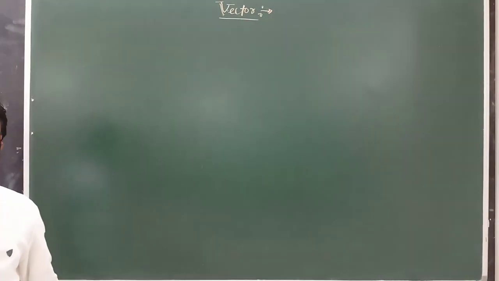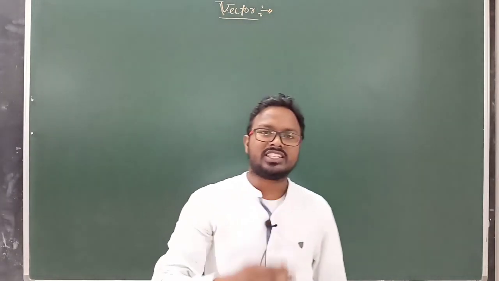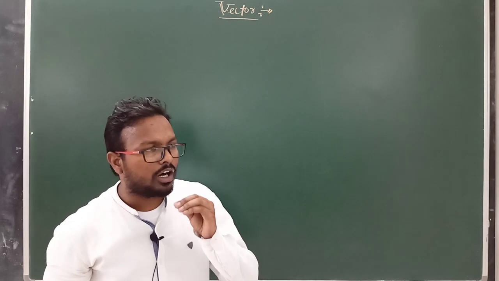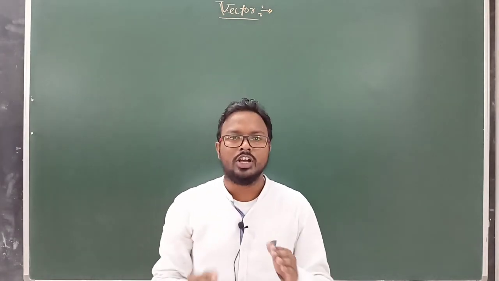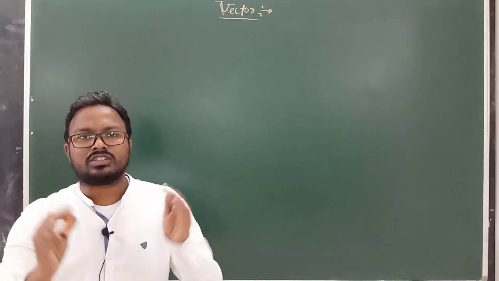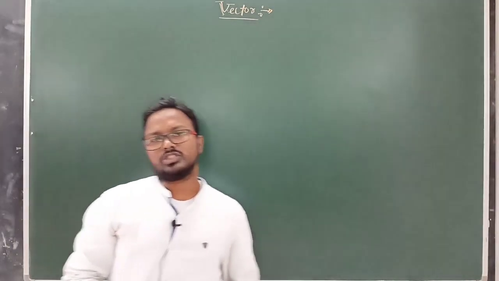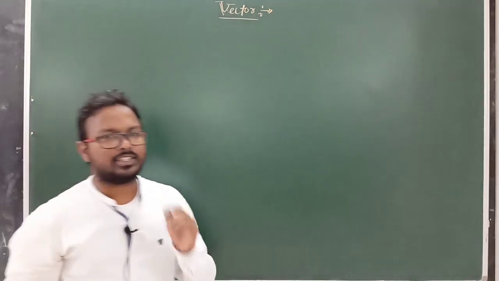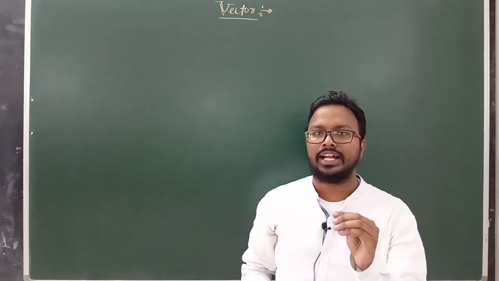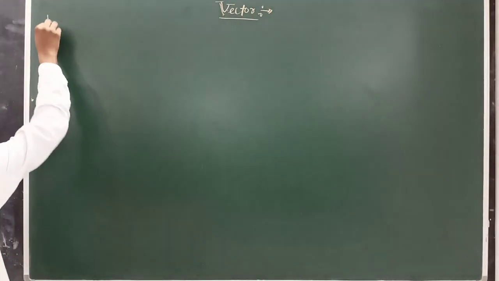But when the number of vectors is more than two, which possess both magnitude and direction, and the directions are arbitrary, you can say different, the directions of all the vectors are not along the same direction, clear? So at that time we need to use the third type of vector addition, that is known as the polygon law of vector addition. Clear? So now let's start the polygon law of vector addition.